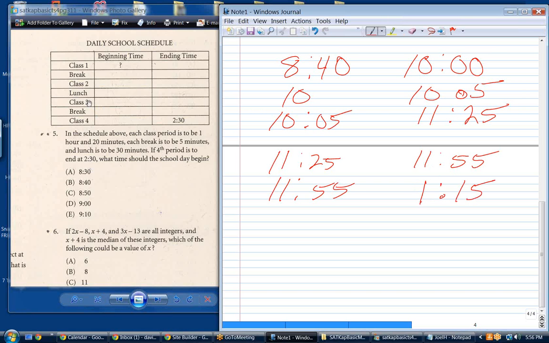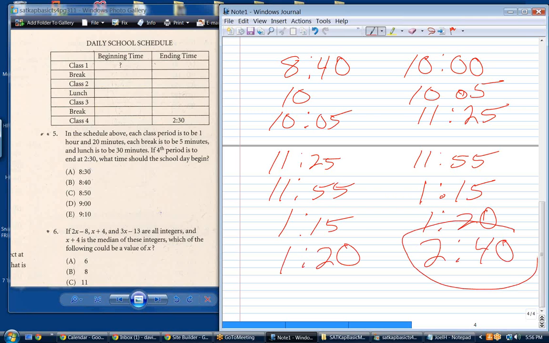And then we have a 5-minute break, so it goes from 1:15 to 1:20. And then our last class would go from 1:20 and get done at 2:40. Right. What does that tell me? It tells me I've got to start earlier than 8:40. And so the only answer is 8:30.